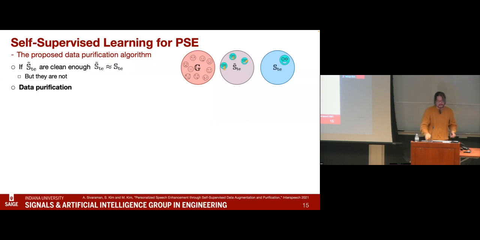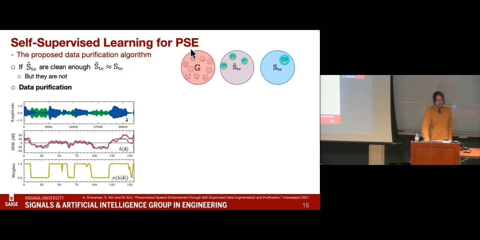It's data purification, where we're going to examine this noisy speech, in which we conveniently marked the noise and the speech sources differently, and then see if there are any frames that are clean enough by running some SNR predictor, which we train.